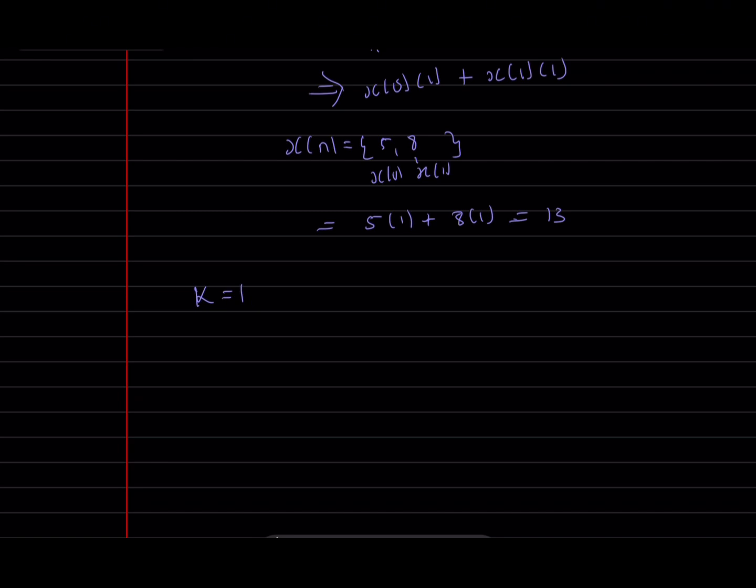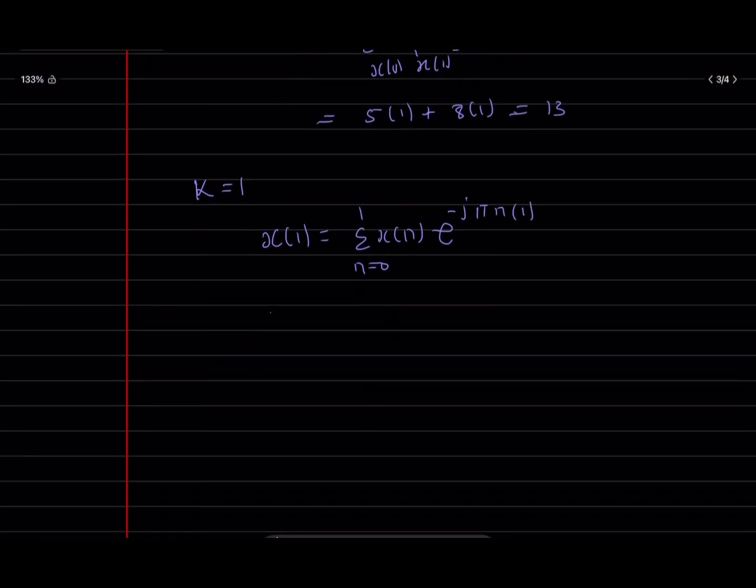So for k equal to 1, we can rewrite the formula as X of 1 equal to the summation from n equal to 0 to 1 of x of n multiplied by the exponent negative j, and then pi, and then n, and k is 1 over here.